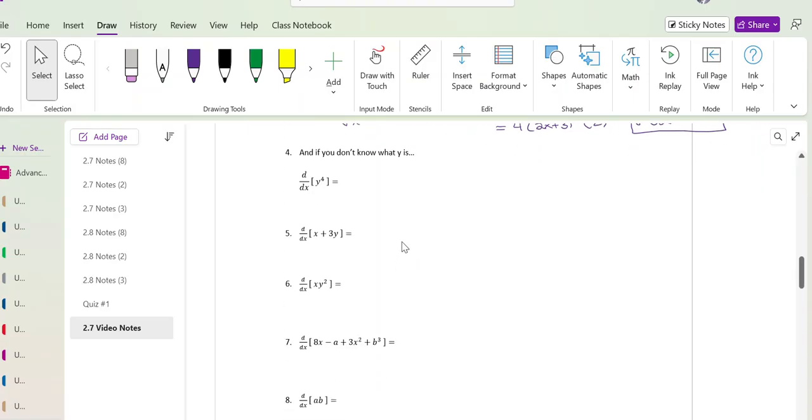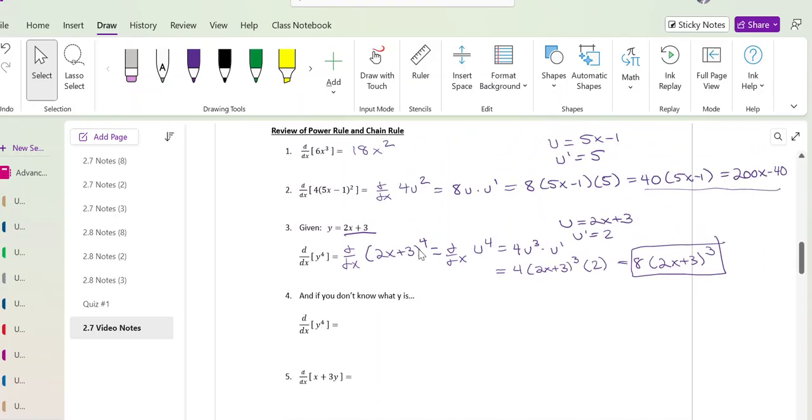Now, if you don't know what y is, so here, for example, we're taking the derivative with respect to x of u to the fourth, and u is equal to y. If you don't know what y is, then u prime would be whatever the derivative of y is, dy dx.